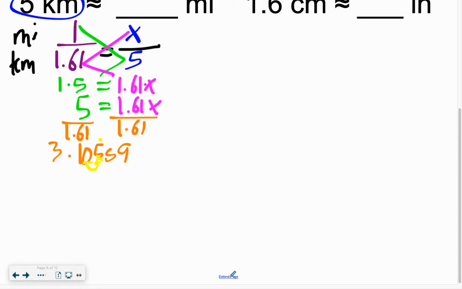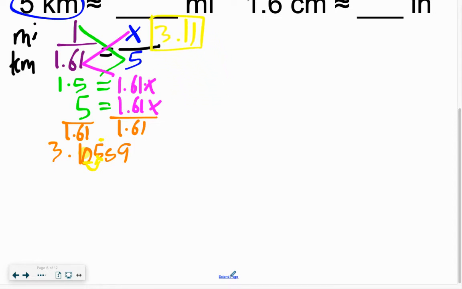Is this number 5 or higher? It is. So that means we're going to round the one that you just underlined. So instead of it being 3.10, it'll be 3.11 for a final answer.